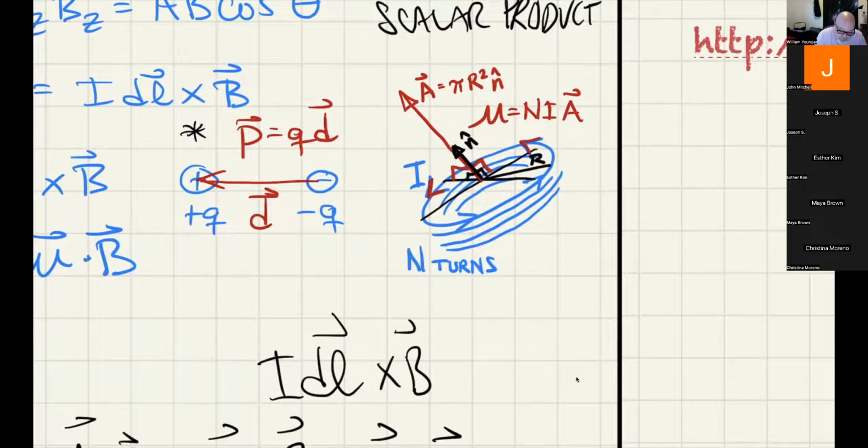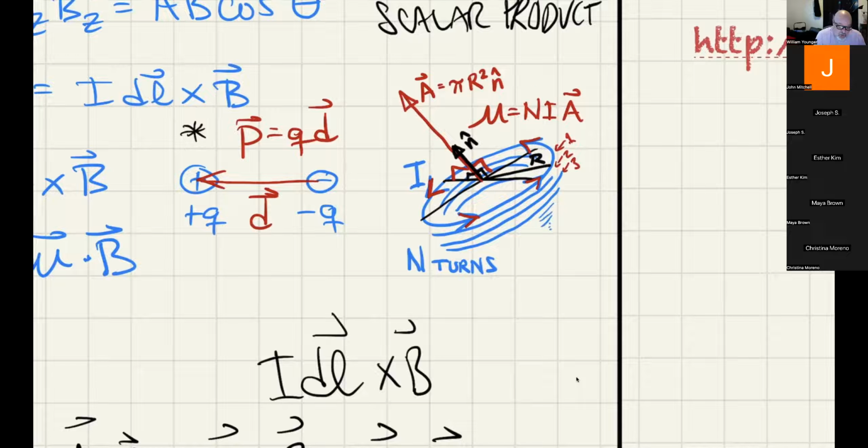So the current is going, if we look from above, in a counterclockwise direction around that wire. But if you look, you can see one wire, two wires, three wires, and what you're supposed to see is dot, dot, dot, like that.